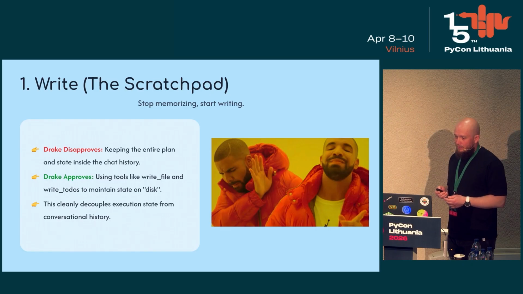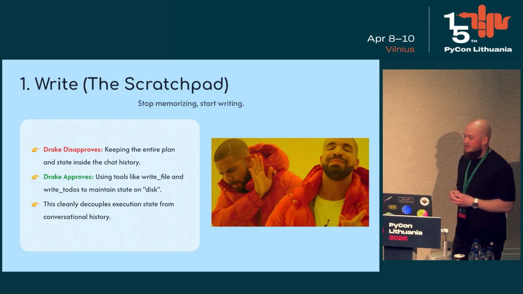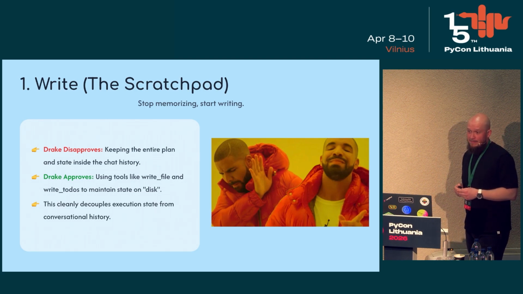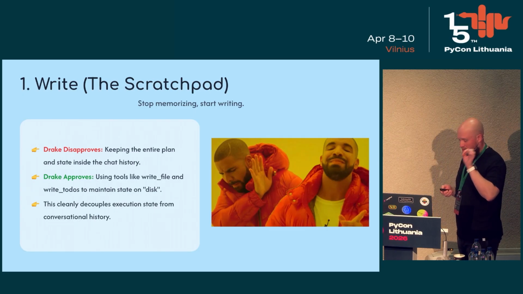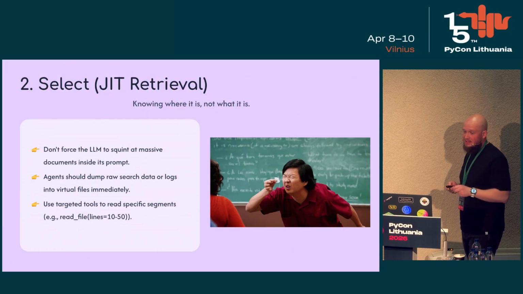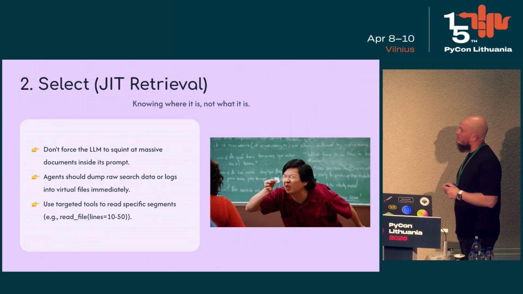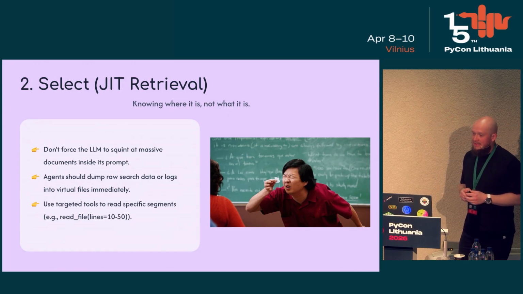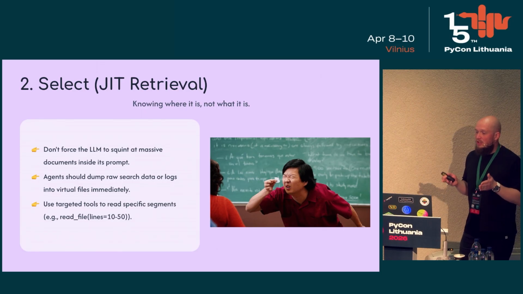As you see, this approach clearly decouples execution state from a conversational history, and you will be able to access only when you need, which takes us into the second pillar, select, just-in-time retrieval.